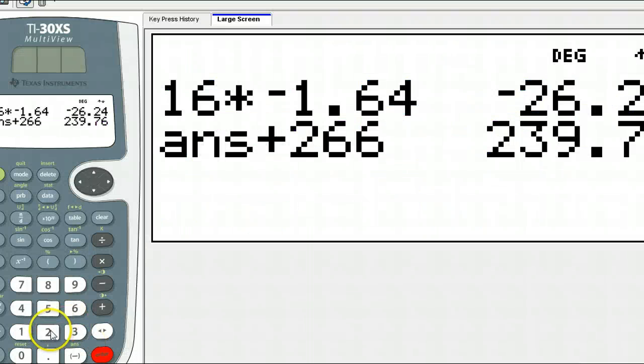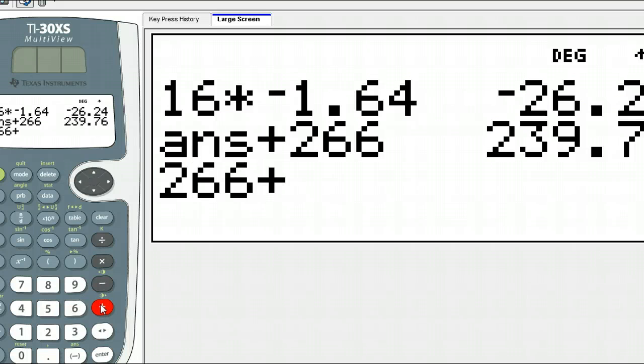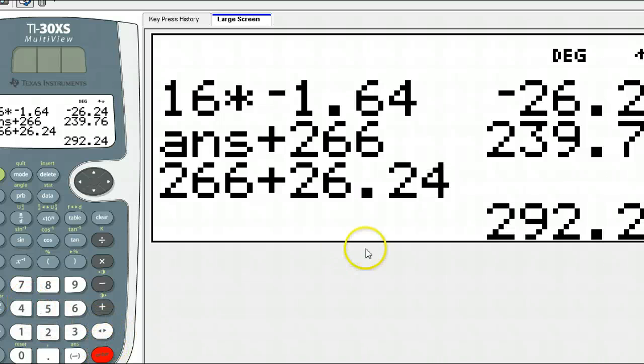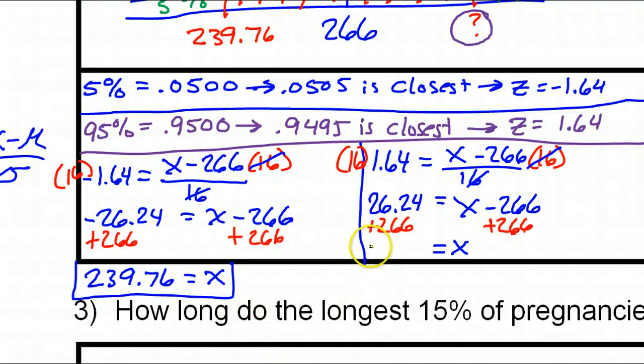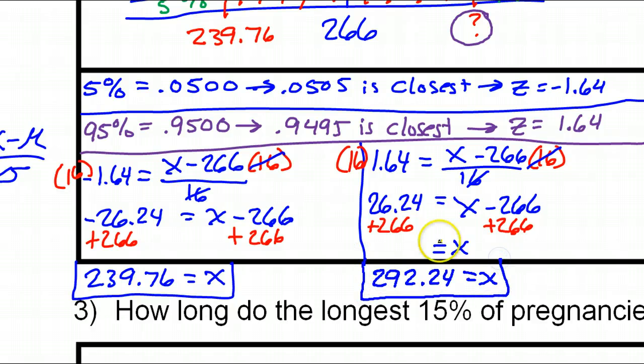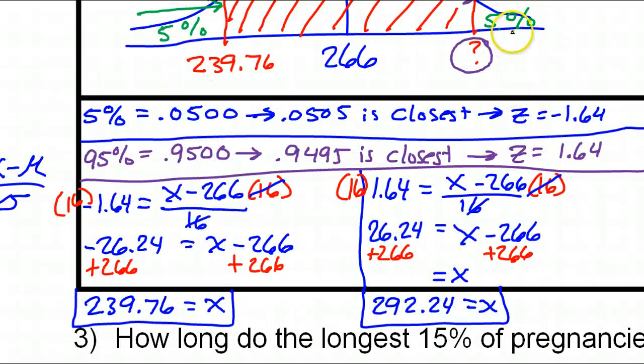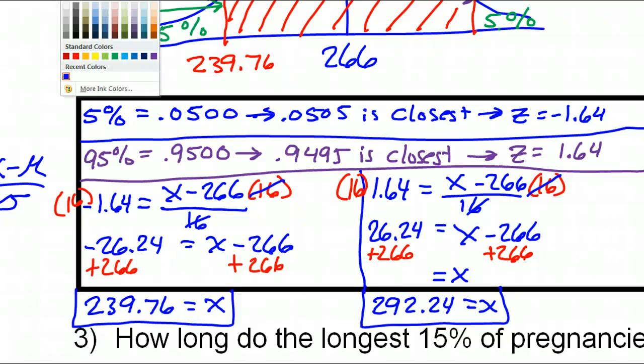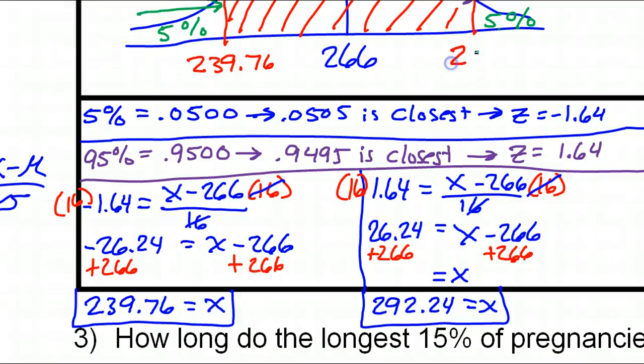Okay, so that's 266 plus 26.24. All right, that's 292.24. Okay, let's go ahead and put that in our picture: 292.24.